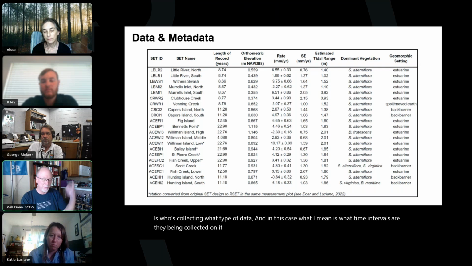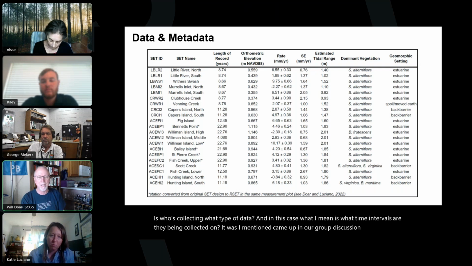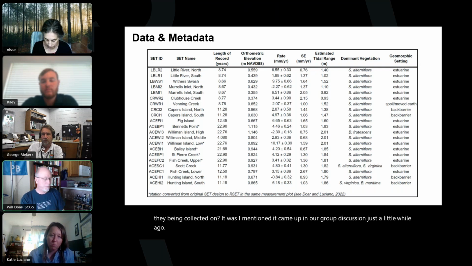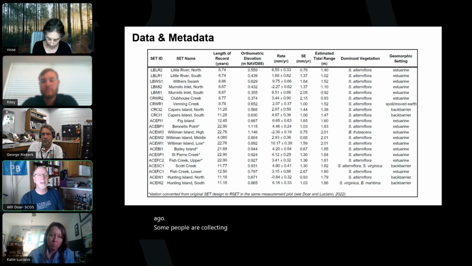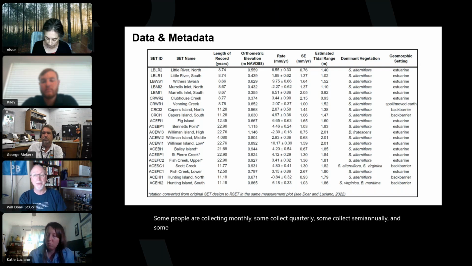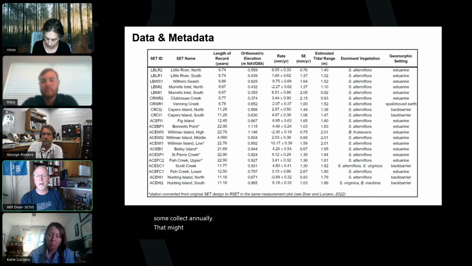It came up in our group discussion a little while ago. Some people are collecting monthly, some quarterly, some semi-annually, and some annually. That might be a result of the science, how it was set up at the beginning, or it could be financial or logistical restraints on when you can actually access the data.